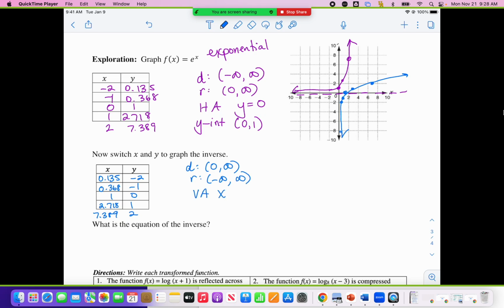I now have a vertical asymptote of x equals 0, and I have an x-intercept of 1, 0. And remember, inverses are reflections over the line y equals x.